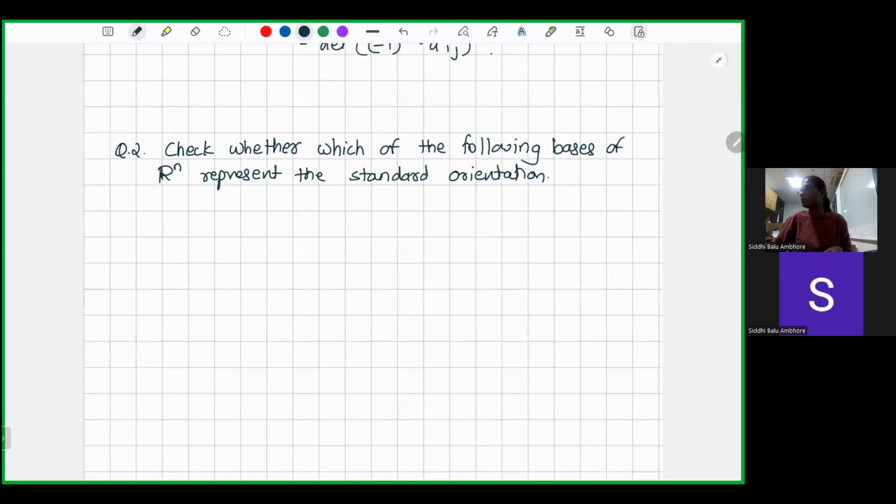Okay, so first one is n is equal to 2. v1 is equal to (1, 1) and v2 is equal to (1, -1).